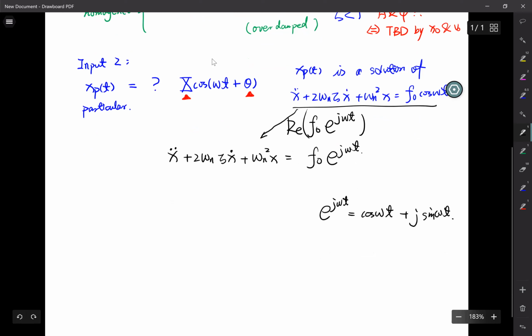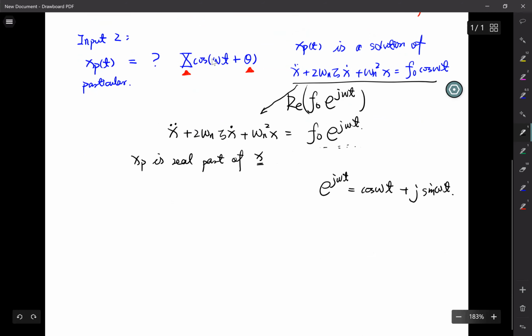You already know that your excitation is the real part of this, so finally your x_p is the real part of x, because the imaginary part corresponds to sine omega t.